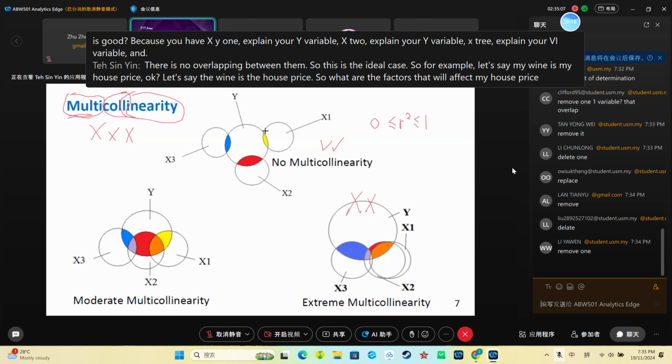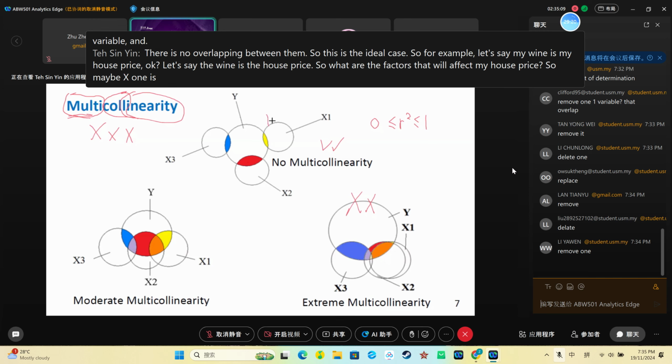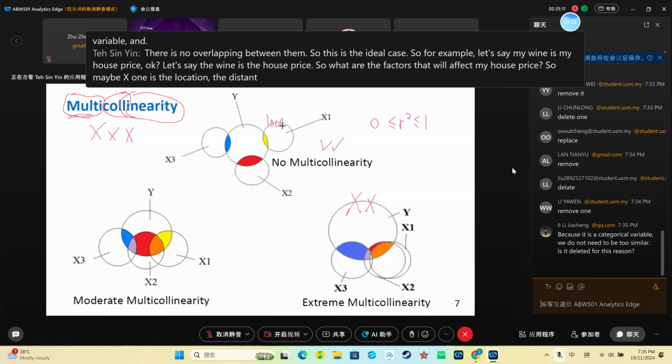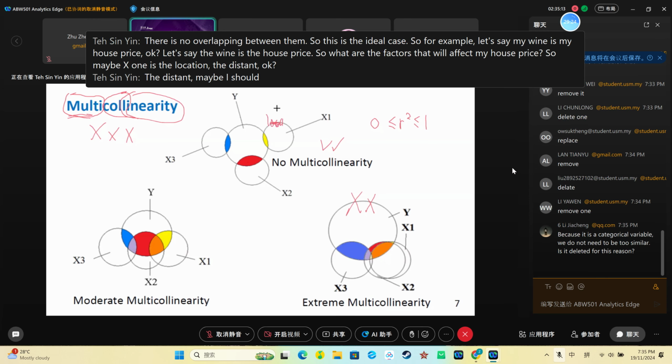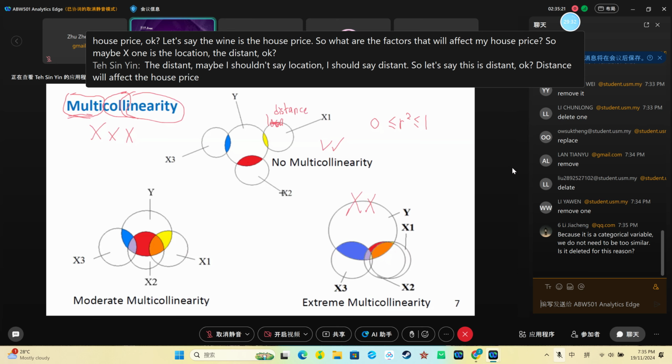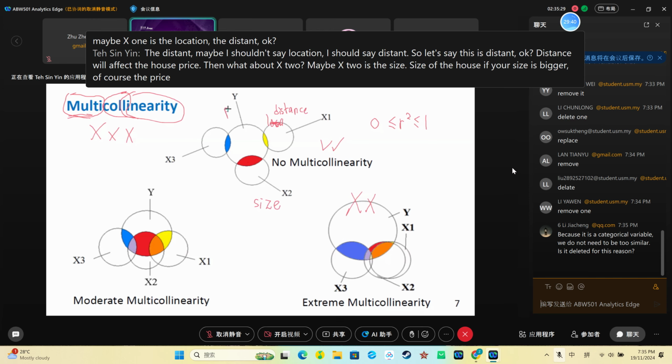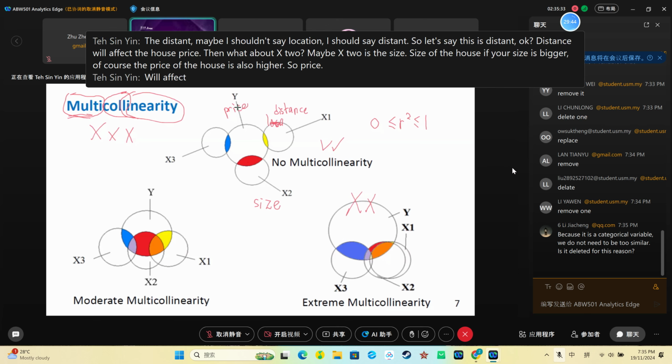Maybe x1 is the distance. I shouldn't say location, I should say distance. Distance will affect the house price. Then what about x2? Maybe x2 is the size of the house. If your size is bigger, of course, the price of the house is also higher. So size will affect the dependent variable, the house price. What else?